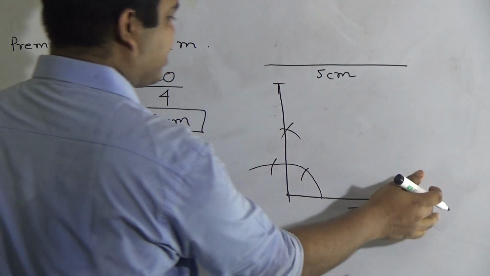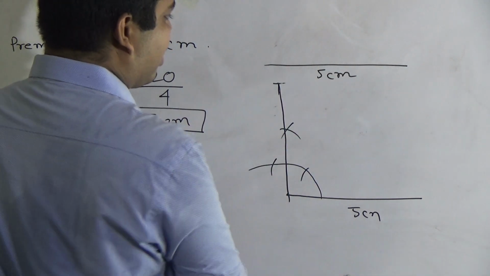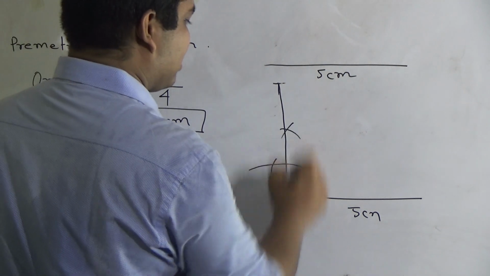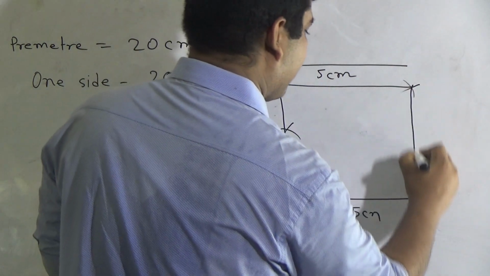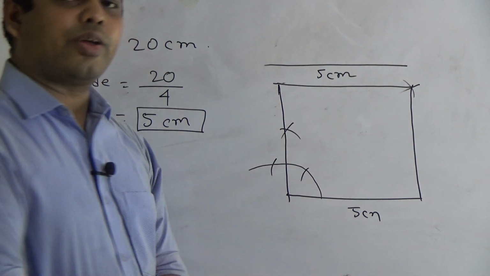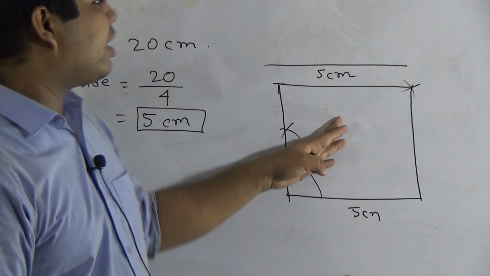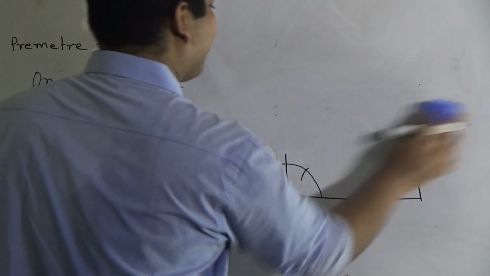By using this side and this side as the center, you draw 2 arcs inside of this angle. Now you join, and after completing joining, you get the required square. I hope you have understood how to draw this square. My dear students, I draw here freehand, but you must use scale, pencil and compass. Okay, so A number done.